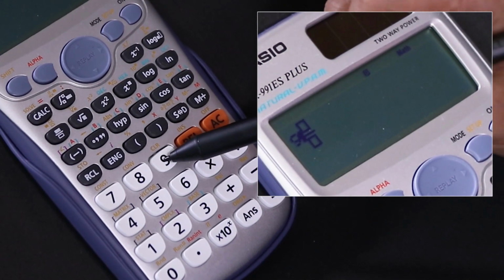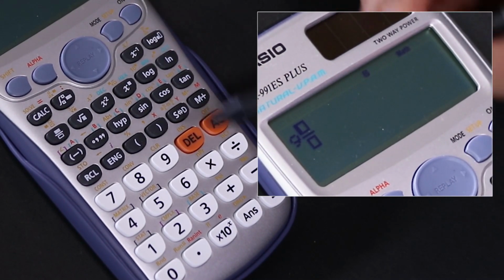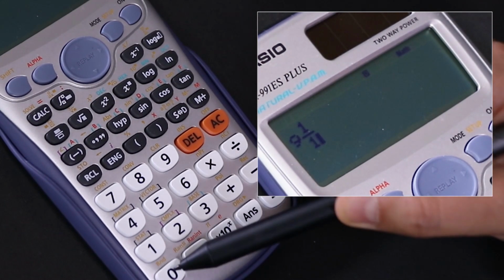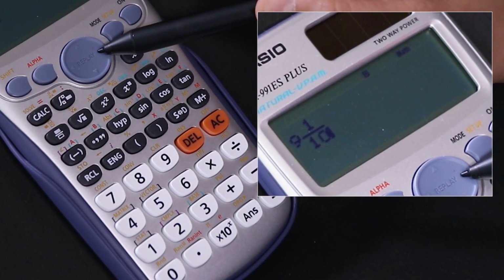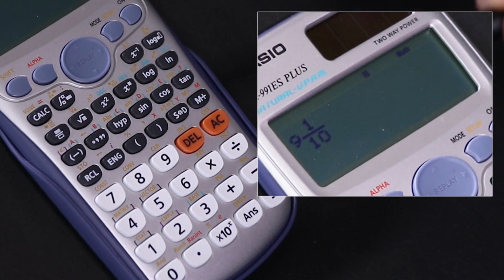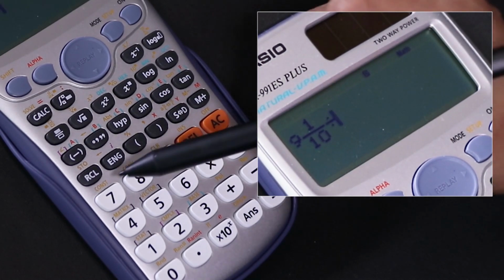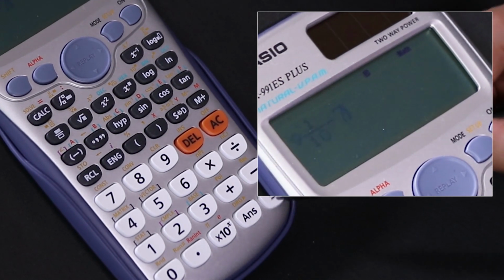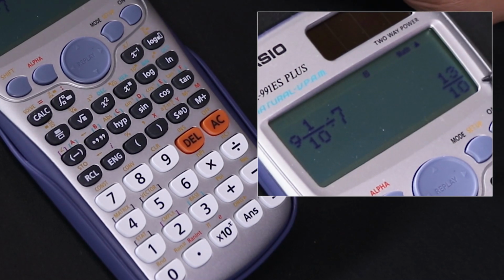So this will be 9, then arrow to the right, then 1 over 10. Then arrow to the right, and then we have divided by 7. When we press equal to, we should get the same answer that we did earlier, which is 1 3/10. But you'll see that your answer is in improper fraction.